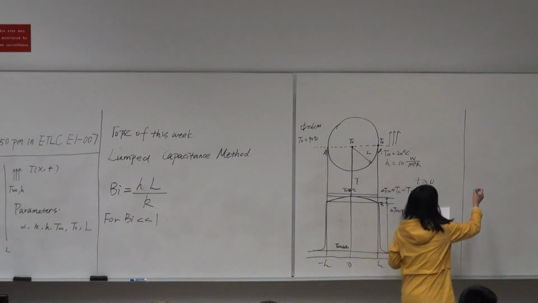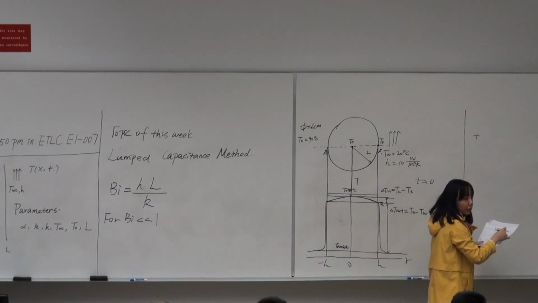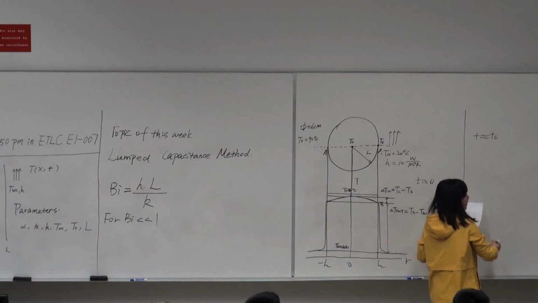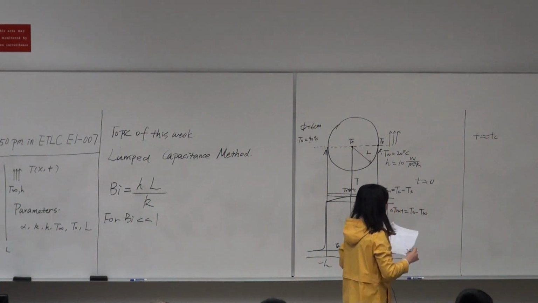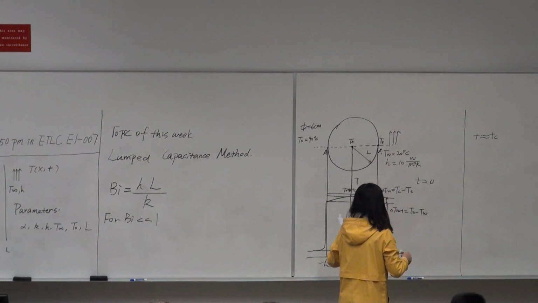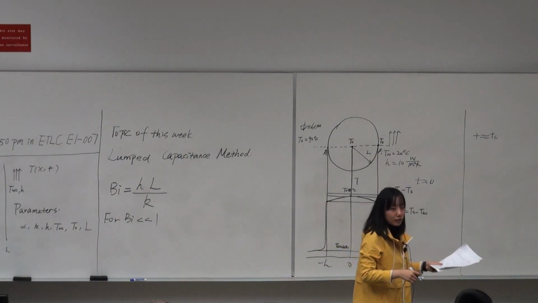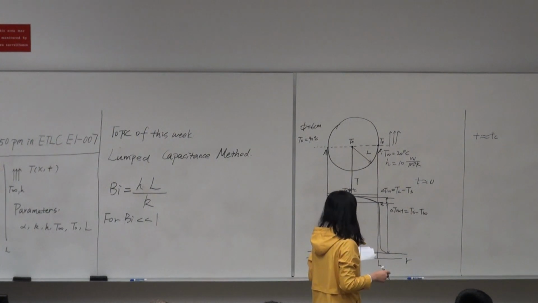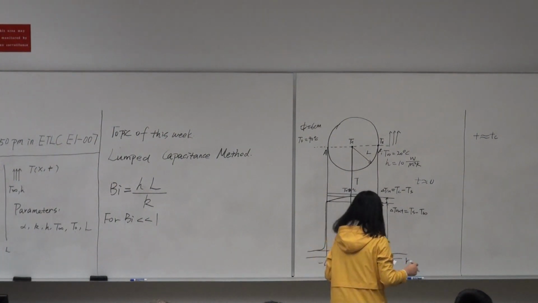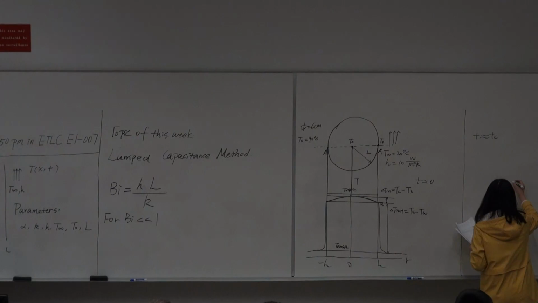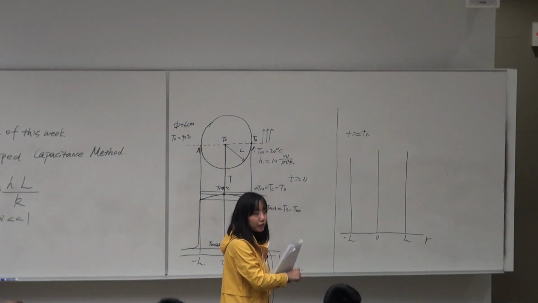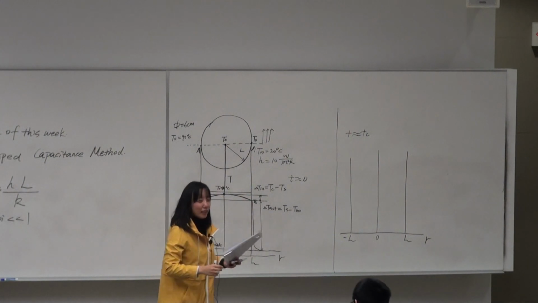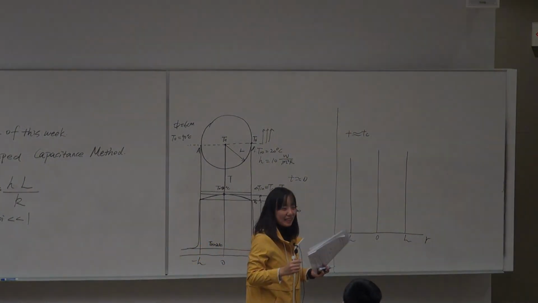How about after a period of time? Let's consider the time at some time constant, after a short period of time. What will our temperature profile look like? Let's consider the center temperature first. After a period of time, will it be higher or lower?